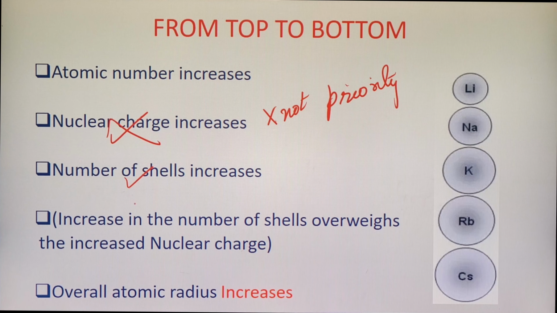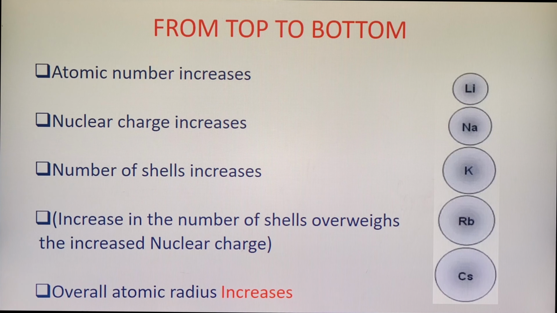Always remember, the increase in the number of shells will always outweigh the nuclear charge. Nuclear charge is never our priority. So which one will we always take into picture, children? Which is our priority? The number of shells will outweigh the increased nuclear charge.